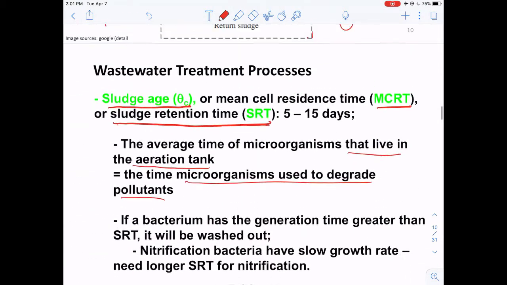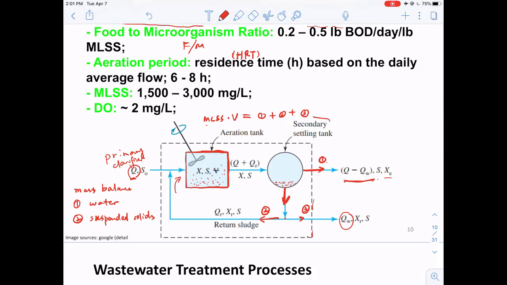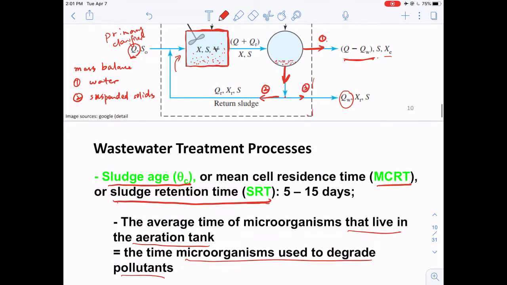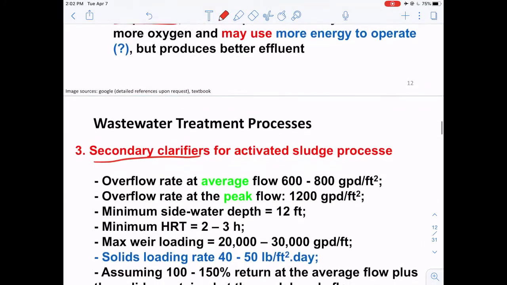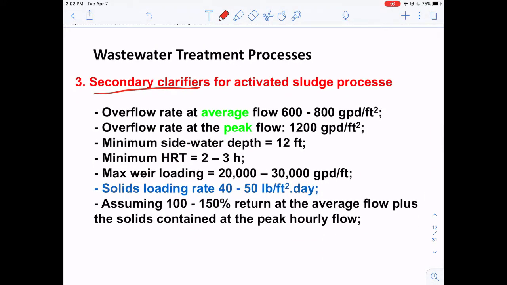The secondary clarifier mainly is used for removing the suspended solids in the effluent of the aeration tank, because we have grown too much of the microorganisms there, and we don't want to emit all of these microorganisms directly to the environment. And we also want to use a proportion of these microorganisms to increase the oxidation rate of the organics in the wastewater.